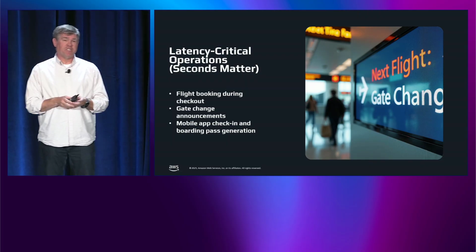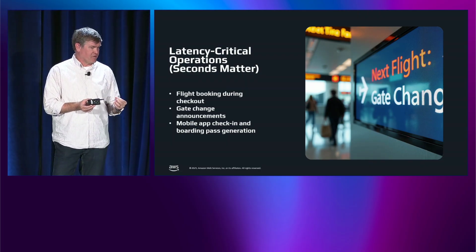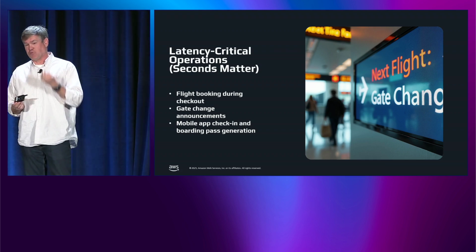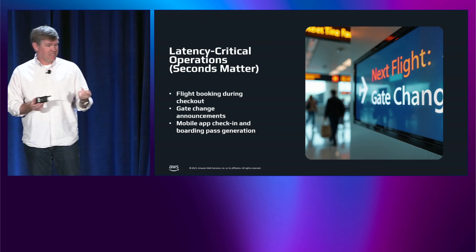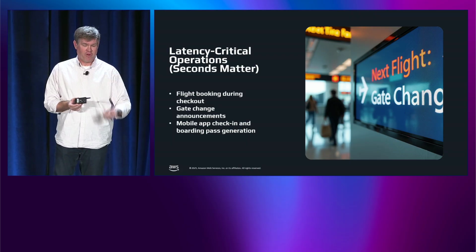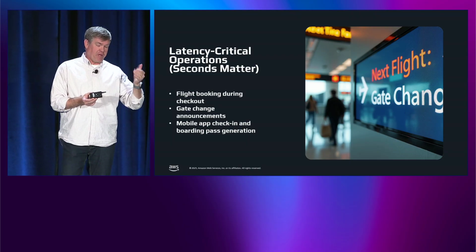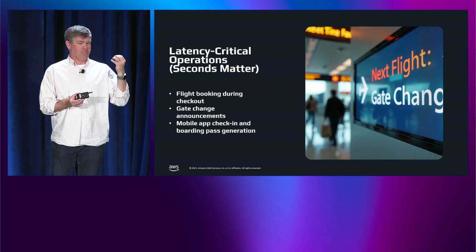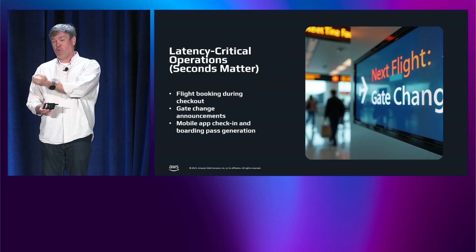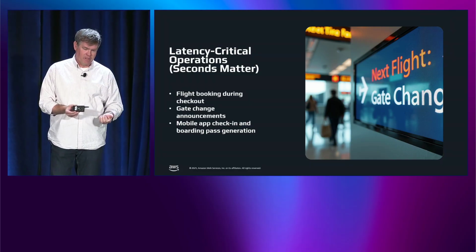All right, to give you some examples, going back to our airline analogy, of which things would be critical or latency sensitive and where we would potentially use a priority tier, some of the ideas I came up with were around flight booking during checkout. Once you decide to purchase that flight, you want to know right away whether you've successfully gotten a seat or purchased your ticket.